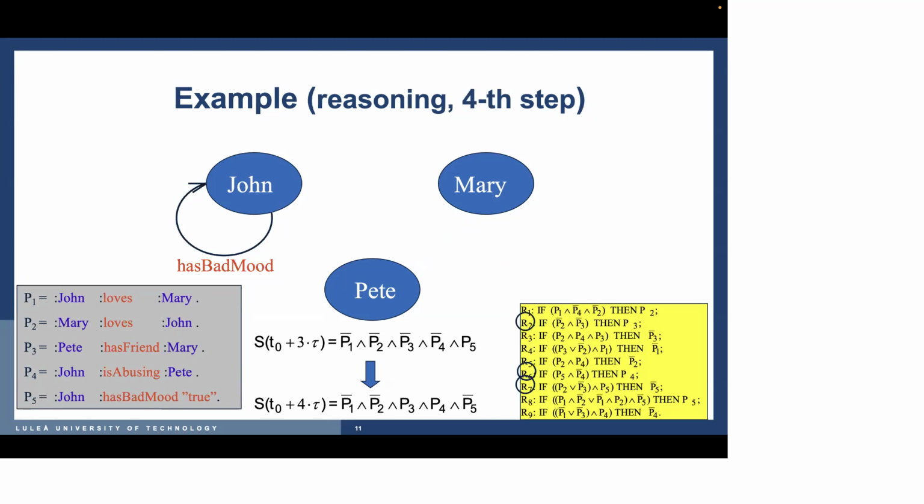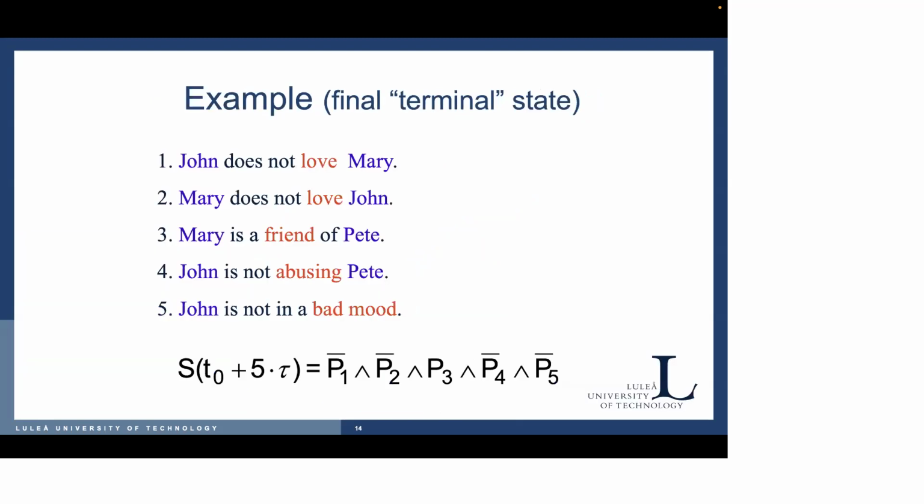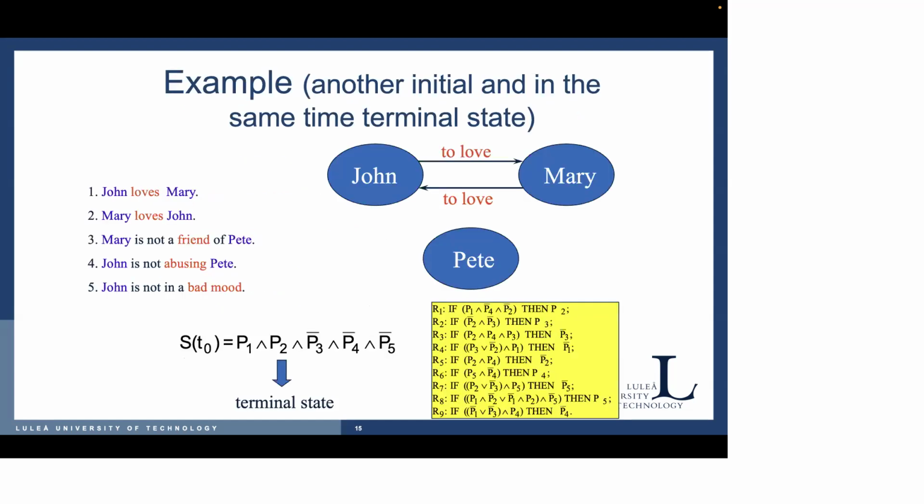And in several steps, you come up with a terminal state when no rules are applicable to your state, and you can try interpreting it again in the context of that story that we tried to model. So this is what we can do with non-monotonic reasoning.